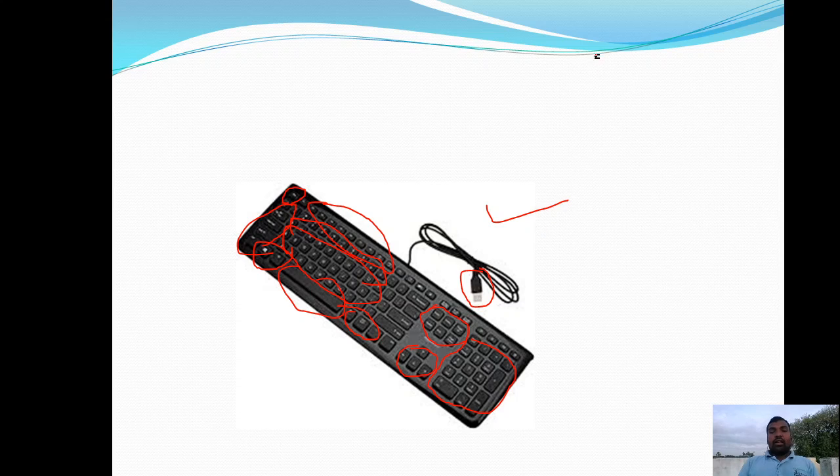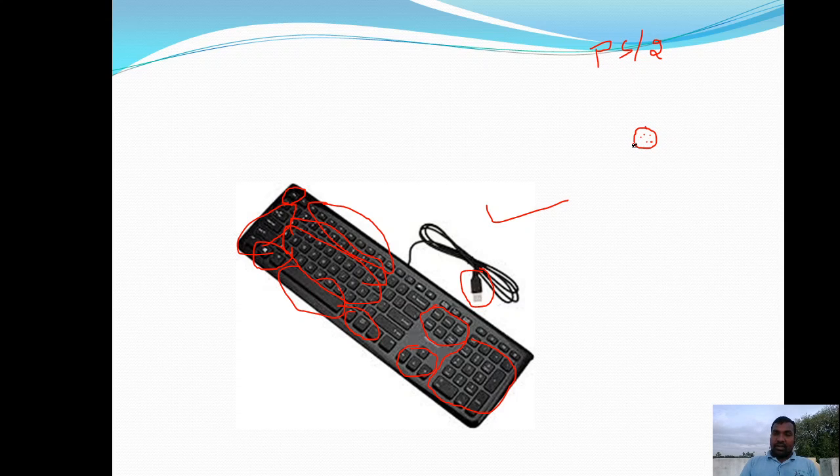And PS/2 keyboards are also available. The PS/2 keyboard's end point is something like a circle with some pins. So a total of 5 pins are there in the PS/2 port type of keyboard.